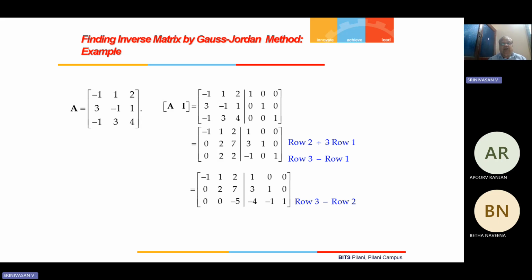The same is to be done throughout. 3 minus 1, you get 2. 4 minus 2, you get 2. 0 minus 1, minus 1. 0 minus 0, then 1 minus 0, 1. That's all. This is one set of operations of R2 and R3 on R1. Next, R1 is R1, that is over.